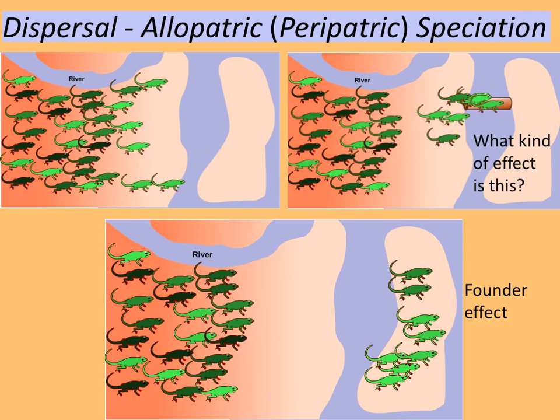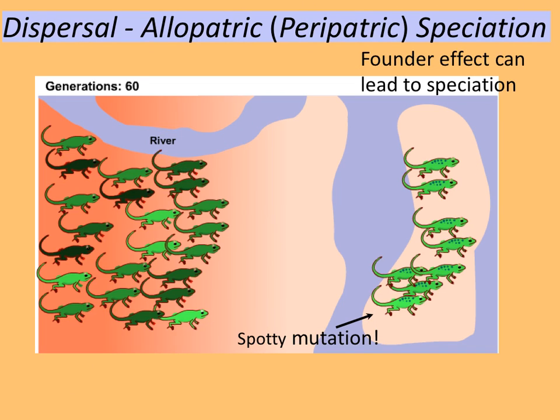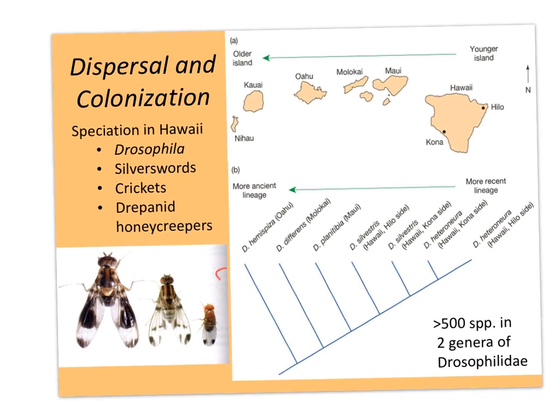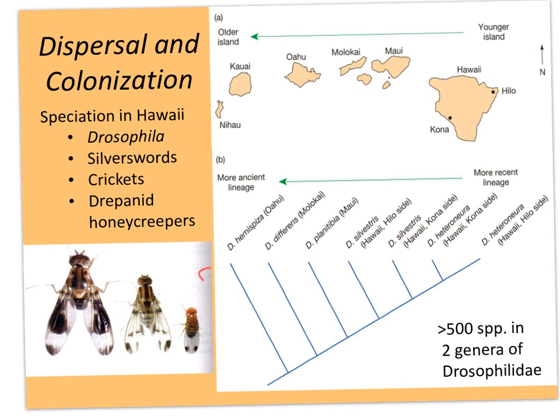And it's another, let's say, probably a founder effect. Okay? And again, you have a spotting mutation, and it's probably selection for each different area in terms of the soil or something like that. And so eventually these might be two different species. And this is after, let's say, 60 generations or something.